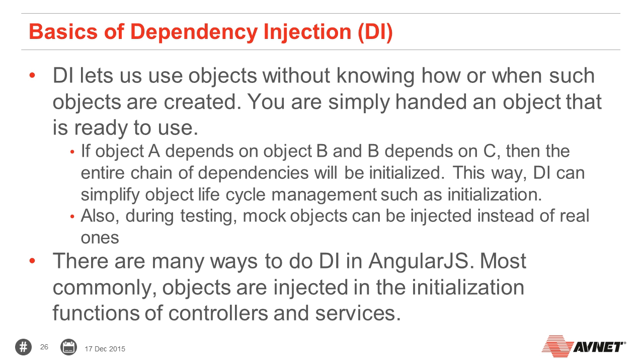Dependency injection is another powerful feature of AngularJS, something that we don't have with jQuery. Dependency injection is really a design pattern that some of you might be familiar with, which lets us use objects without knowing how or when such objects are created.